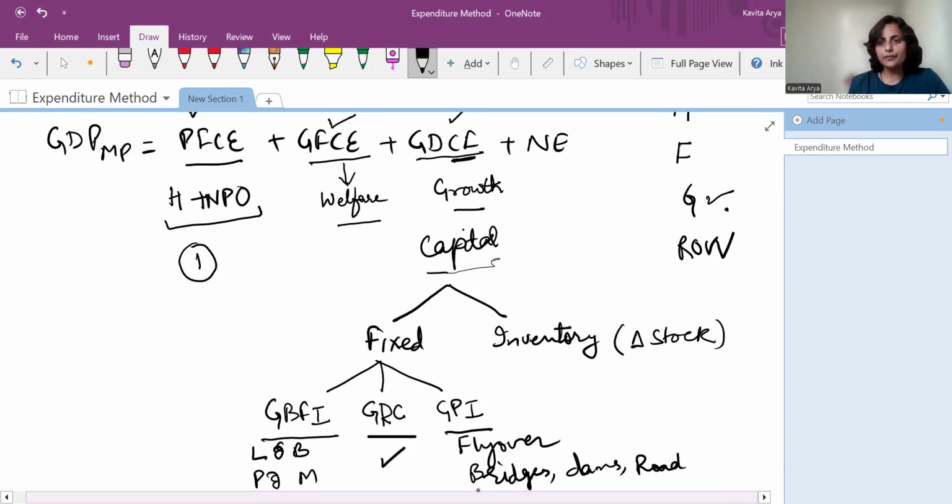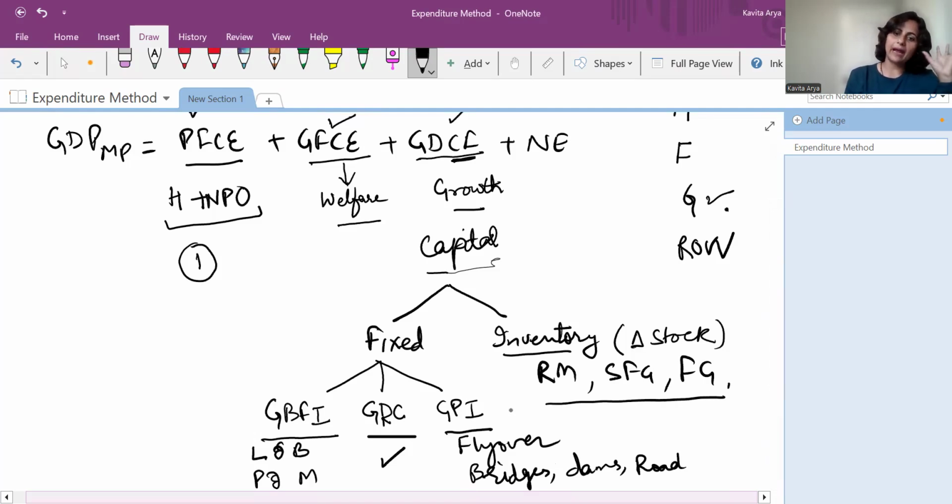After fixed, we have the second component, and that is the inventory. Inventory can be raw material, semi-finished goods, or finished goods. But we may have some stock handed over to us from the previous year, so we have to have the consumption or the expenditure for this ongoing year.